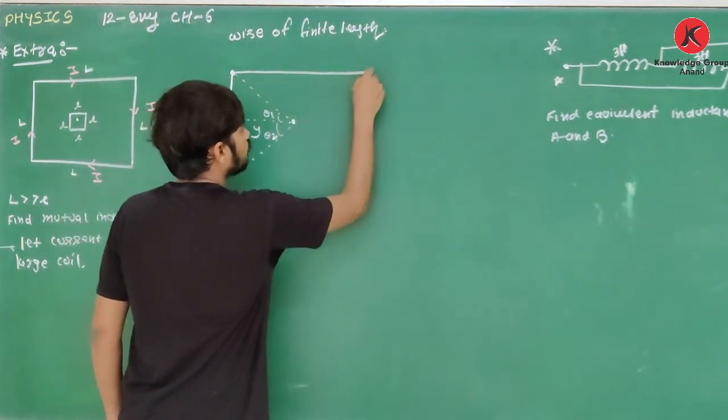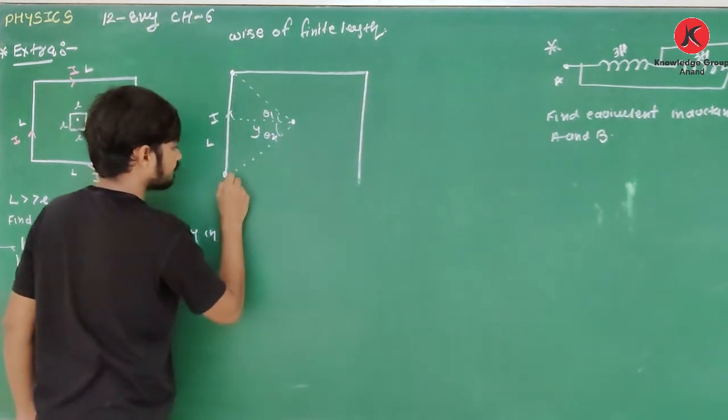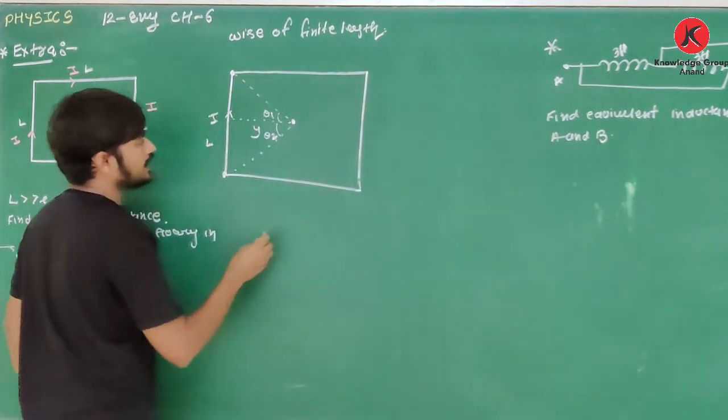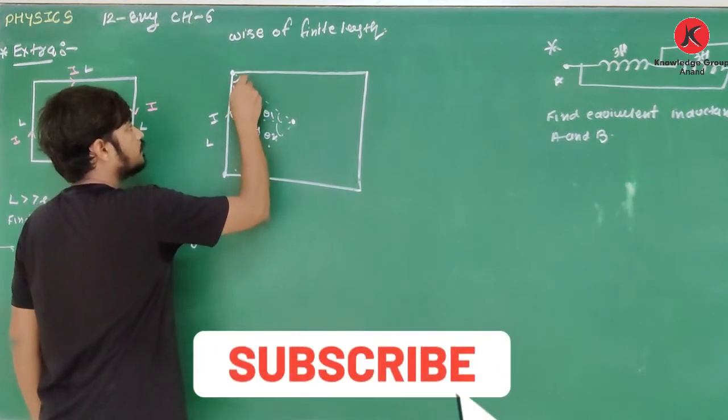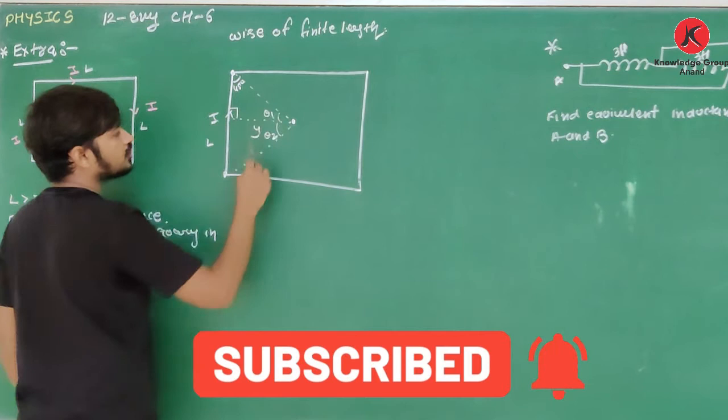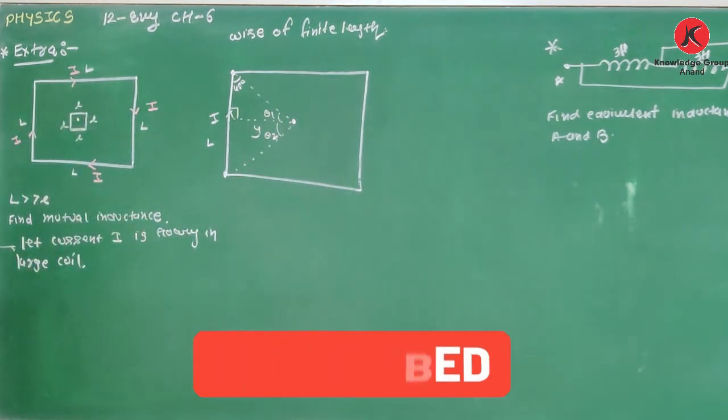Yes, because it is a square. This angle is 90, so this angle will become 45. So here theta 1 and theta 2 are 45.